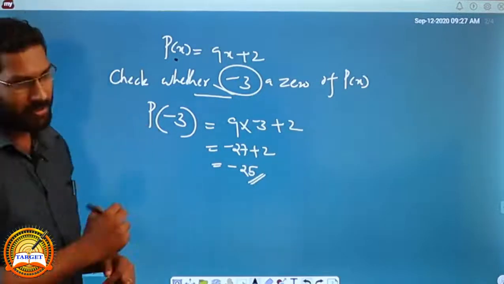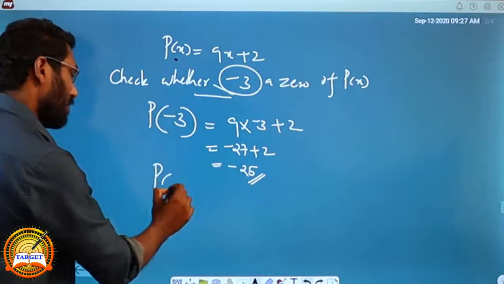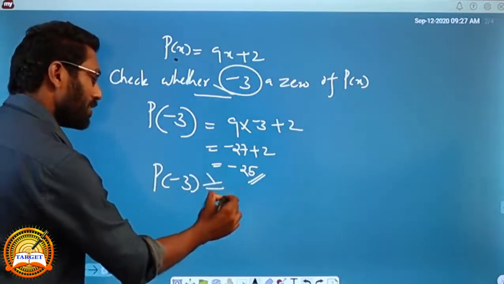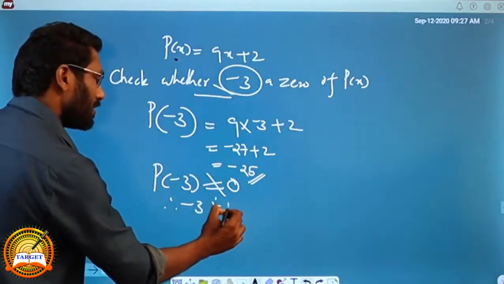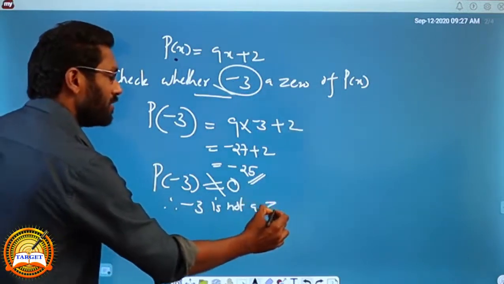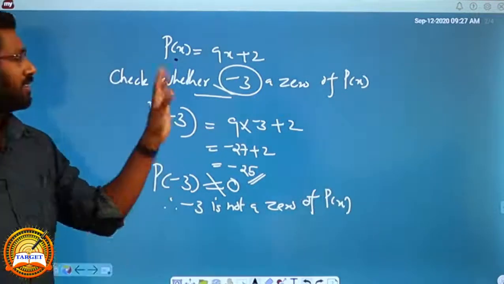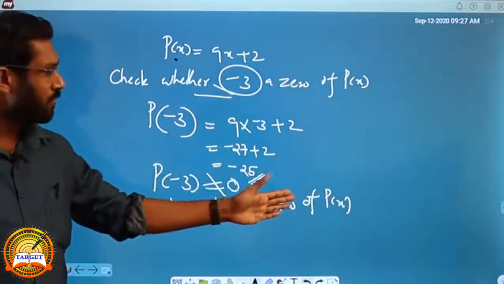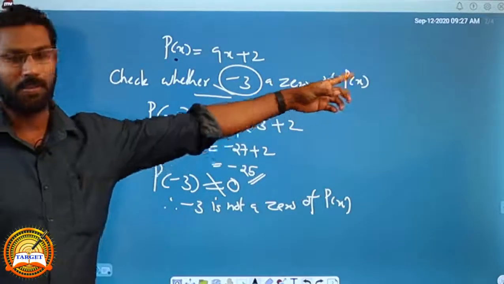So here also p of minus 3 is not equal to 0. Therefore minus 3 is not a 0 of p of x. Clear? This is the method.